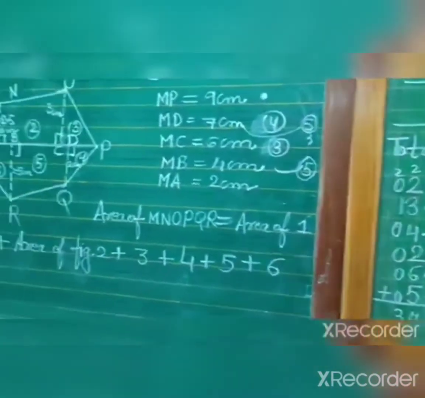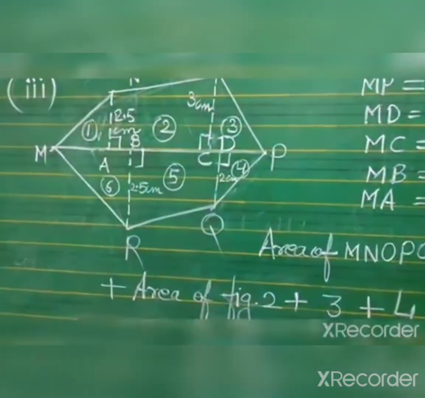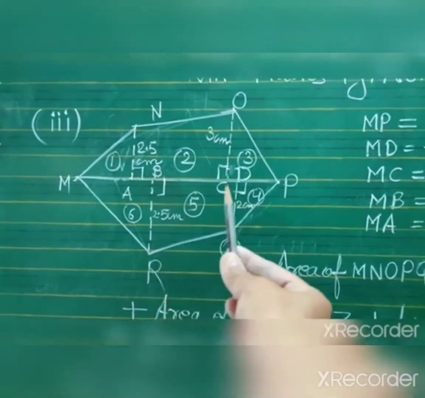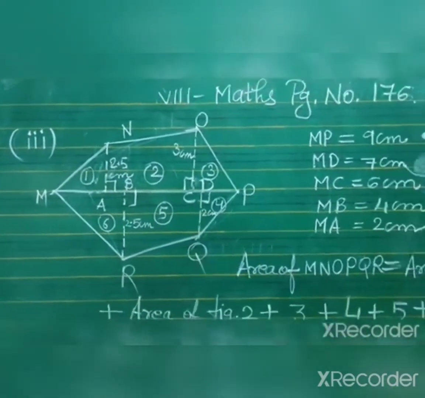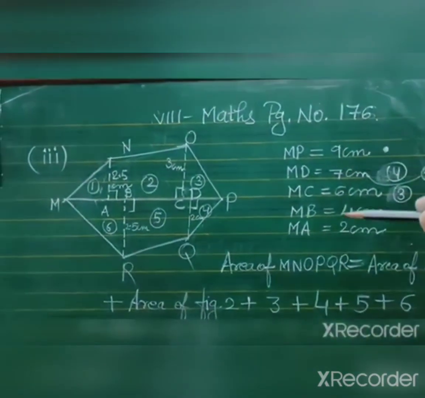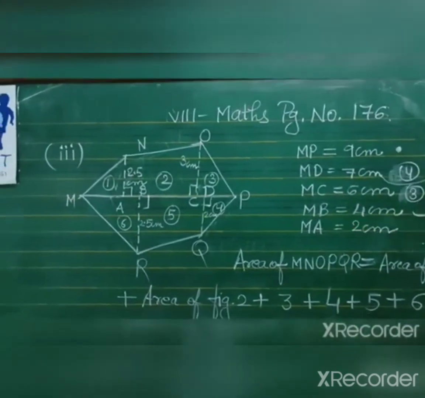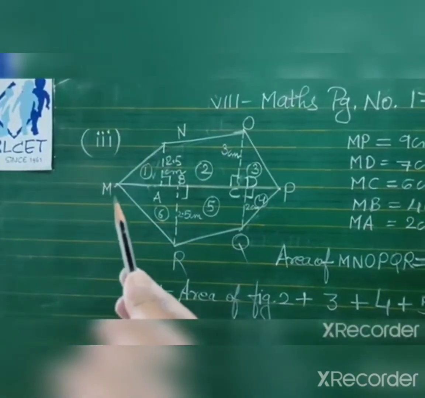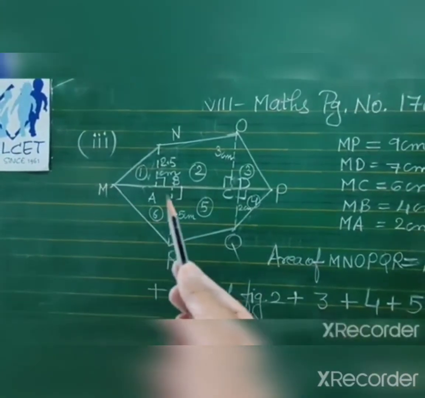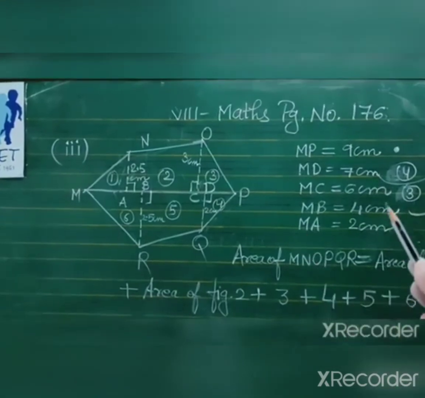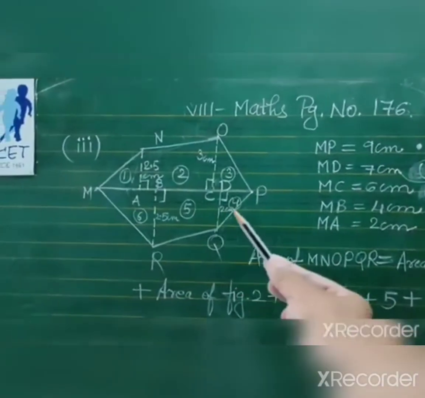Now for figure number 4. Trapezium, parallel sides are given and perpendicular is this BD. But you can see the perpendicular BD is not given. So what we can do? MD minus MB. 7 minus 4, that is 3.